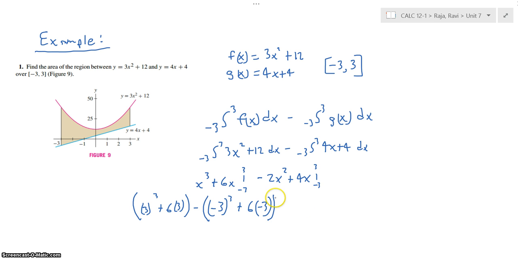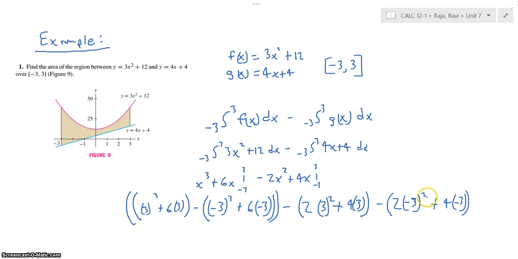Then this whole thing minus 2 times 3 squared plus 4 times 3, because this is our second function of 2x squared plus 4x, all that minus 2 times -3 squared plus 4 times -3. A lot of brackets going here, but it's all necessary.